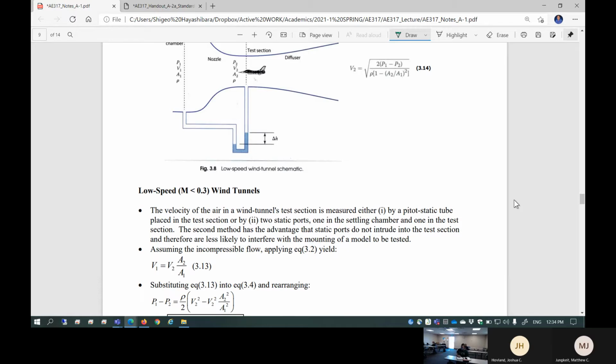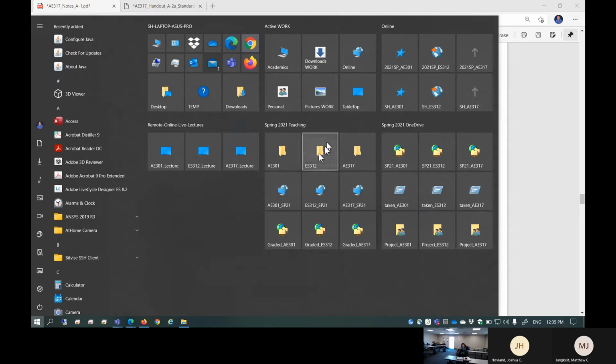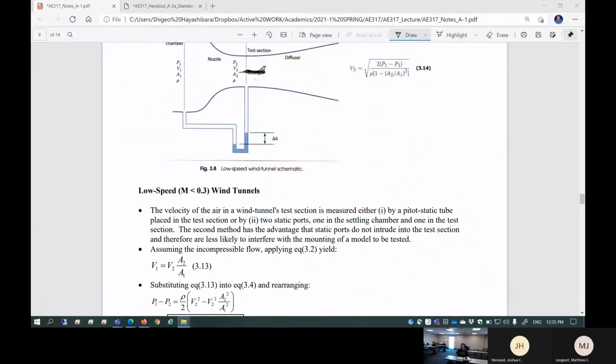The velocity of the air in a wind tunnel's test section is measured either by a pitot-static tube placed in the test section. Have you ever seen that? I think I showed you a picture in aerodynamics.